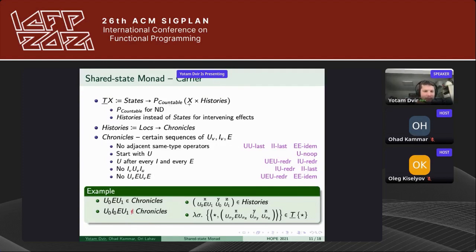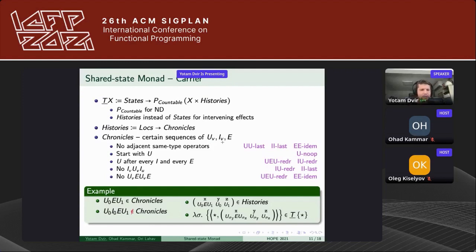Another difference is that the pair is the return value, and instead of states, we have histories. Histories are maps from locations to chronicles instead of values, where the idea is that chronicles don't just keep track of the values, they keep track of all the intervening effects that, at least semantically, all the intervening effects that happened. And not only that, they only allow certain sequences of these U, I, and E.